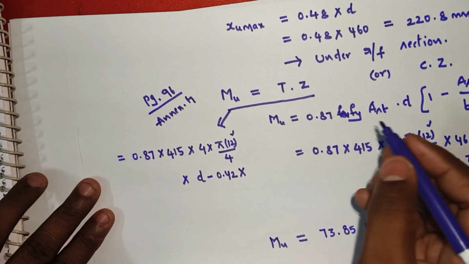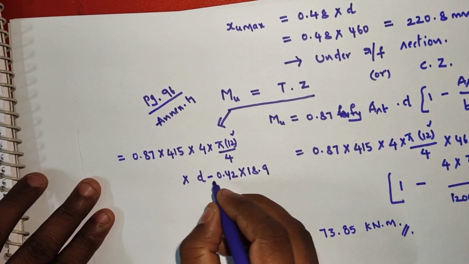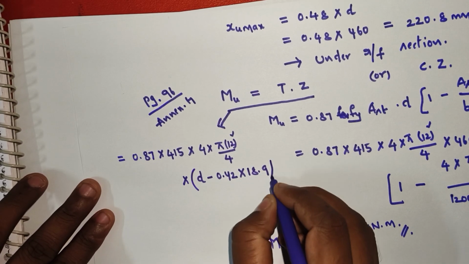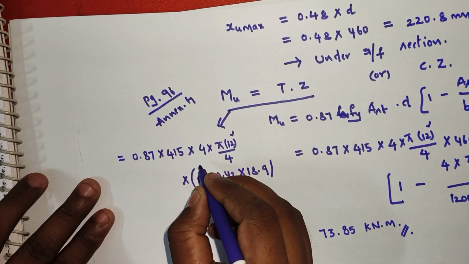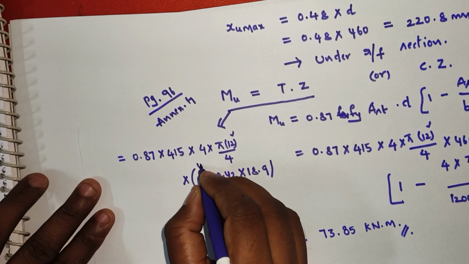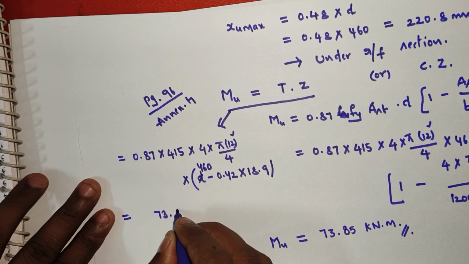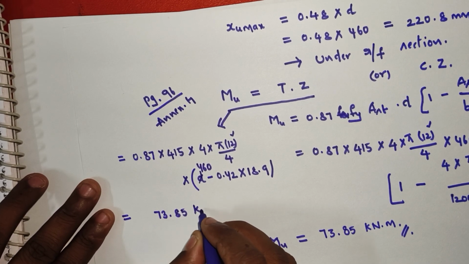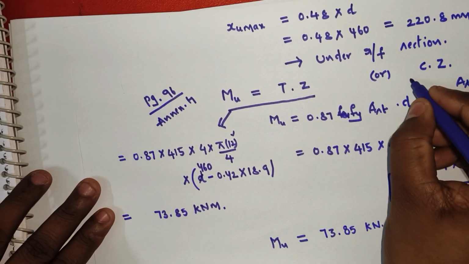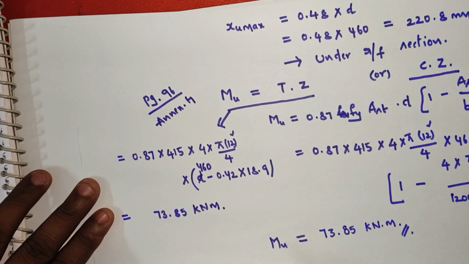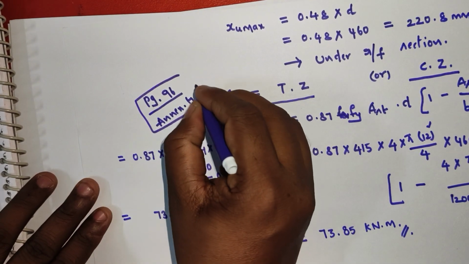The xu value we got is 18.9, and the d value is 460. The answer will be 73.85 kilonewton meter. Same. You will get the same answer. Thank you.